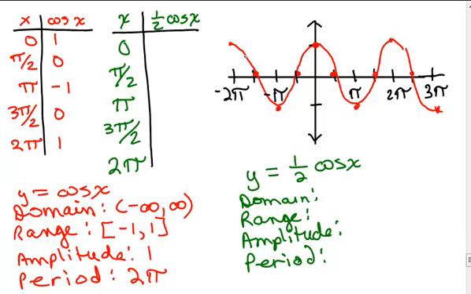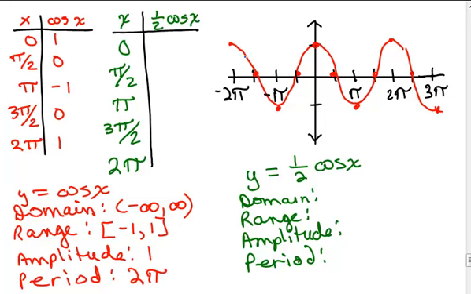Now, what if we wanted to do 1/2 cosine of x? Well, I know if I remember these key values, 1, 0, -1, 0, 1, that's what the cosine of x is for these x values. So we're just going to have to do 1/2 times each of those.